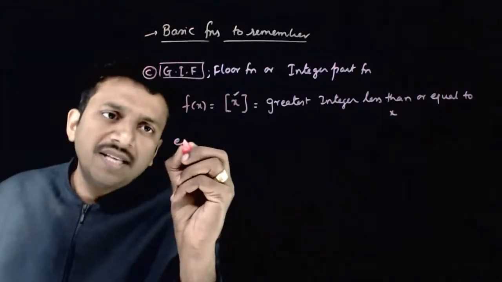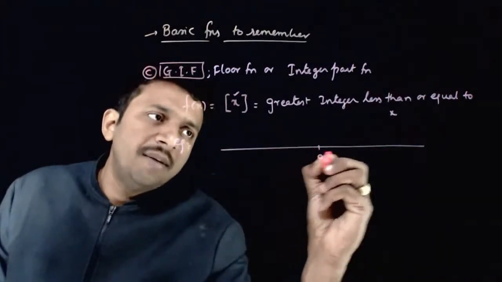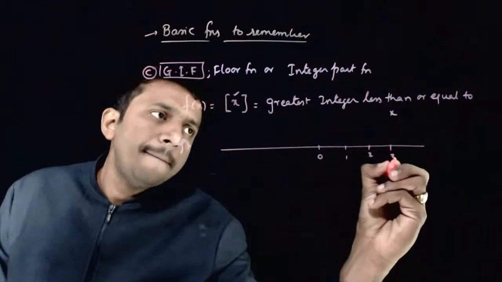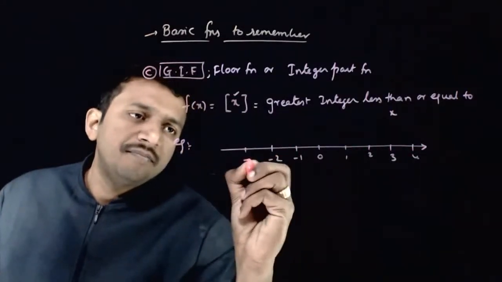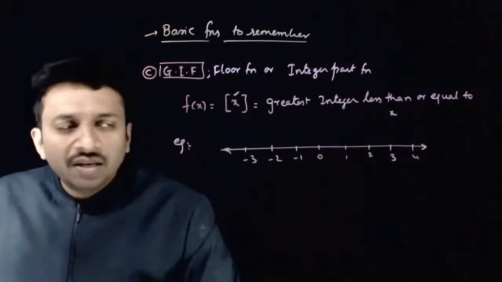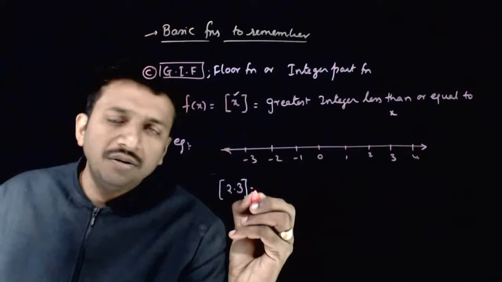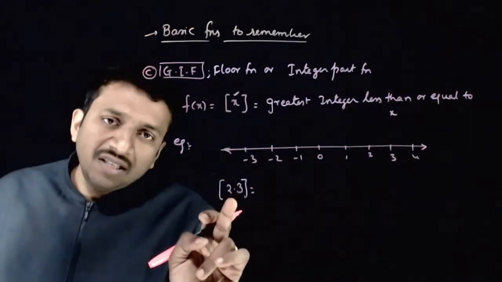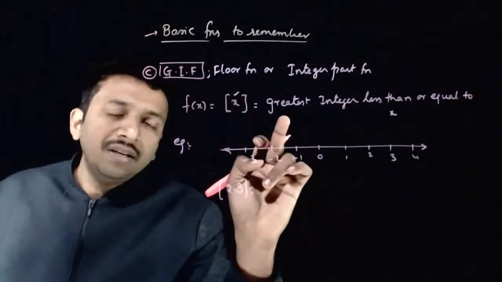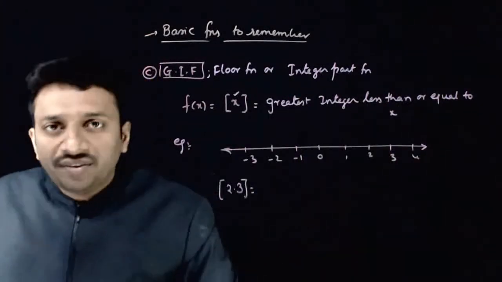For example, if you have the number line like this, what is the integer part of 2.3? By definition, integer part of 2.3 is the greatest integer less than or equal to 2.3.